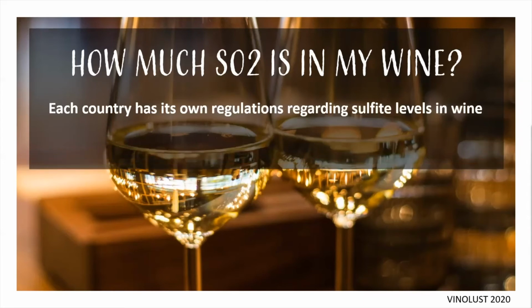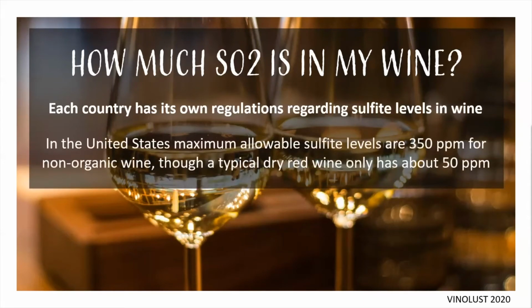For organic grapes in the United States, the maximum allowable is 350. A typical dry red wine will have much, much less than that, like I said, 50 to 100 maybe. But really that's a broad range. To say anywhere between 0 and 350 is a very, very wide range.